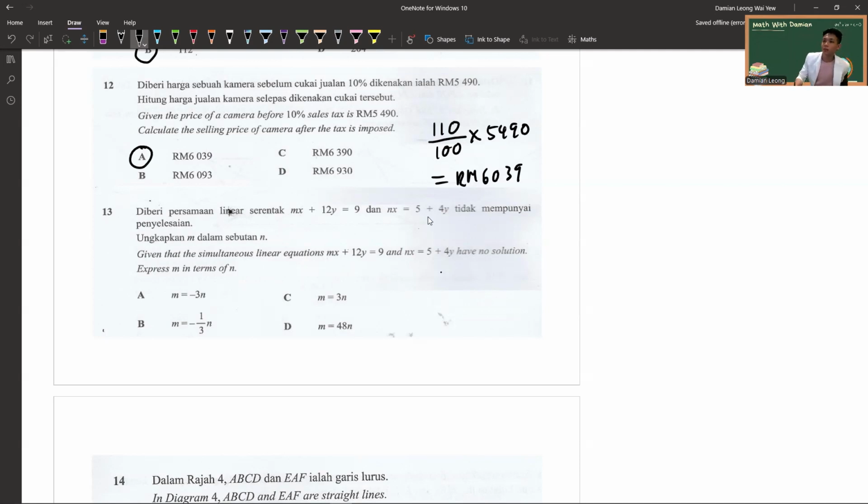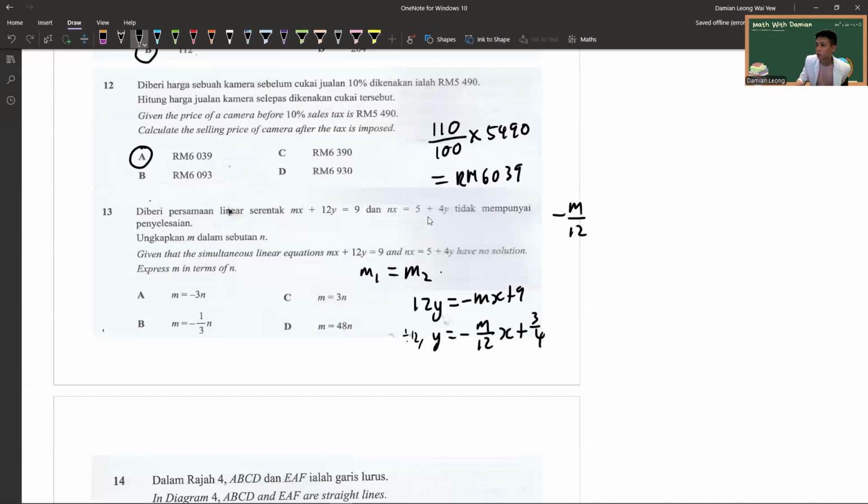Basically, when they are parallel: m1 equals m2, both have the same gradient. So 12y equals negative mx plus 9, divided by 12: y equals negative m over 12 x plus 9 over 12, which is 3 over 4. But that's not important. I just need the gradient, negative m over 12.